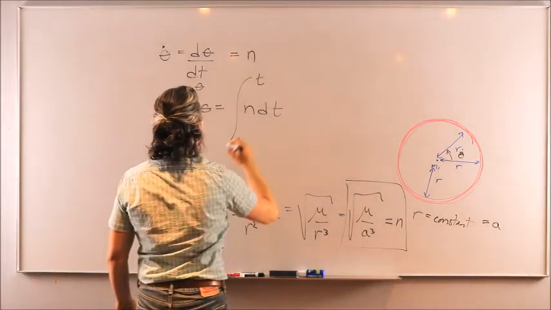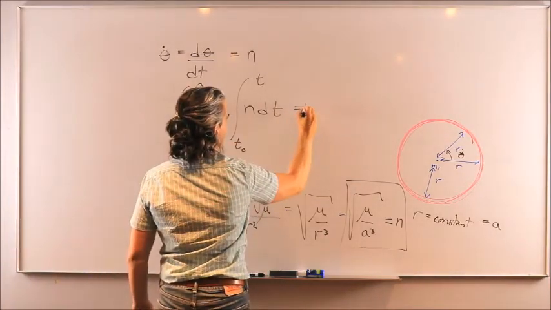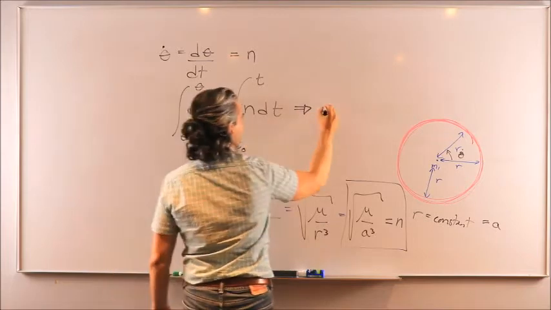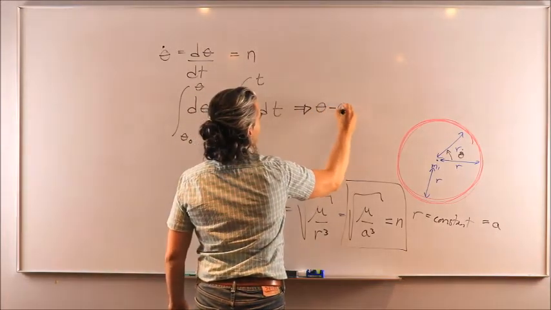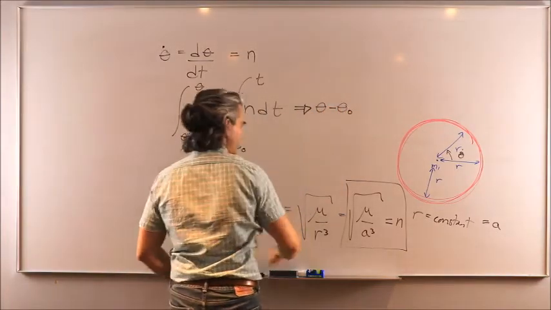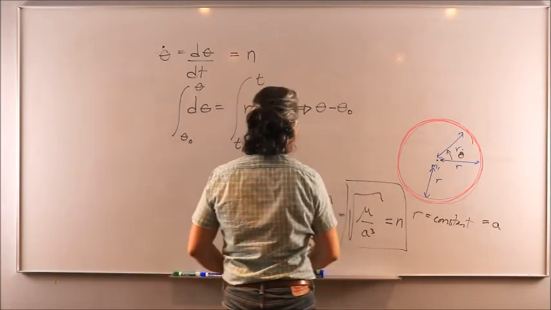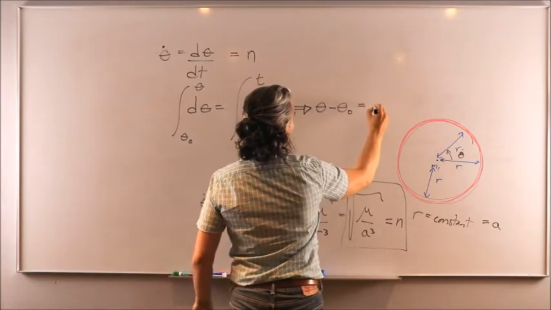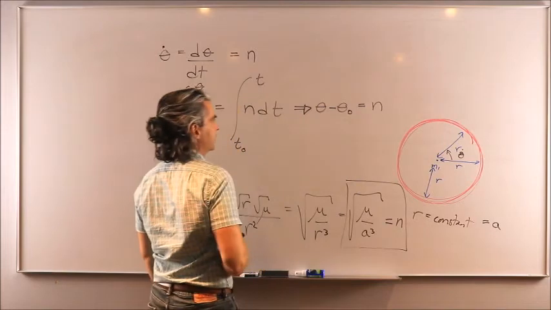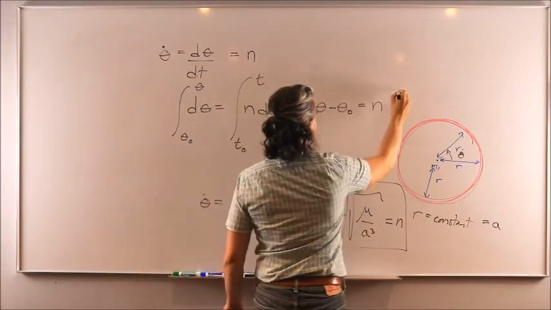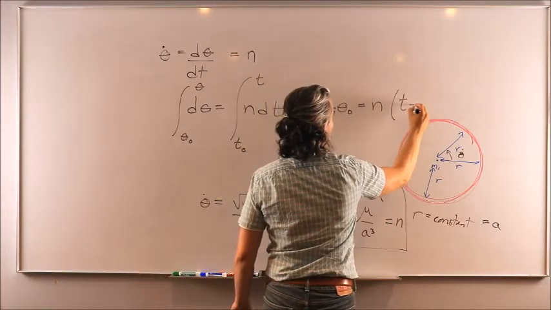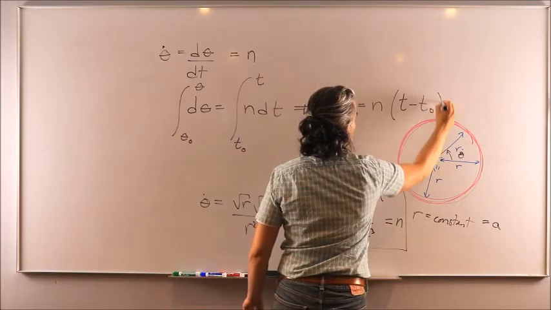And that would just mean that on that side we get theta minus theta naught, or a change in true anomaly, equal to n, which is a constant, times current time minus initial time, t naught.